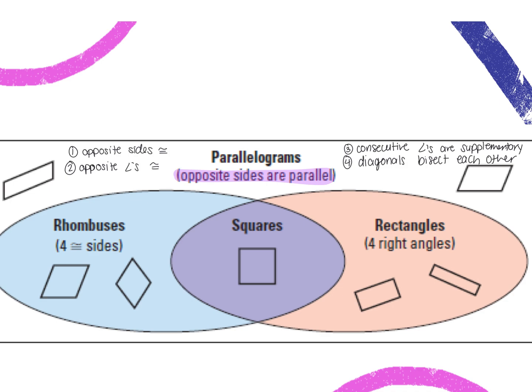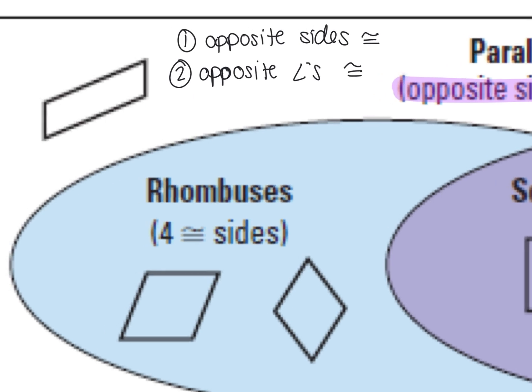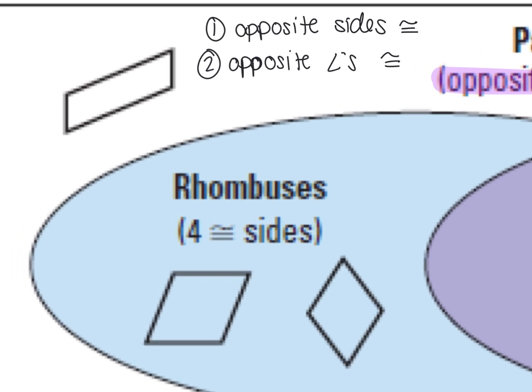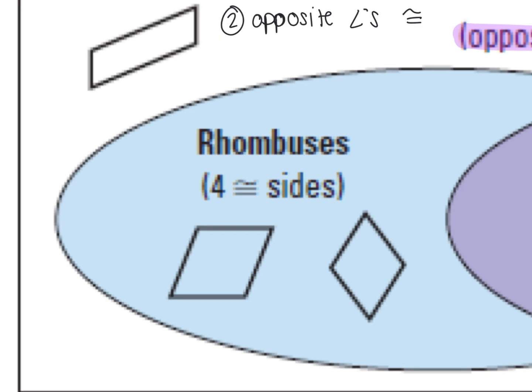So let's go ahead and look at rhombus. We're going to write the rules for that one. What applies specifically only for a rhombus? There are 2. The first one, diagonals are perpendicular, which means they're 90 degrees. So drawing it for you, here are my diagonals.